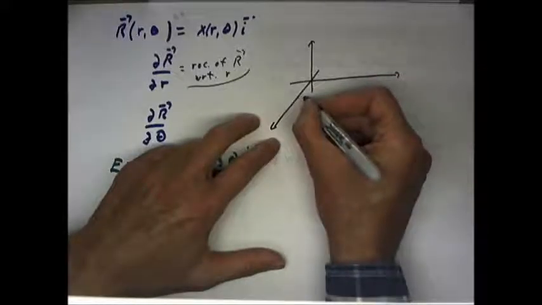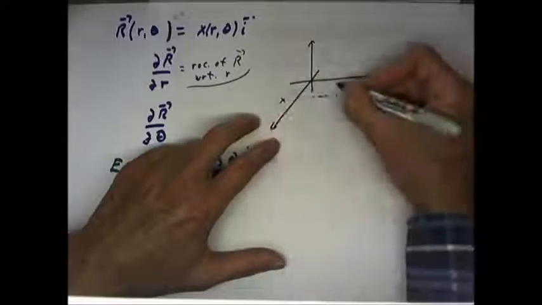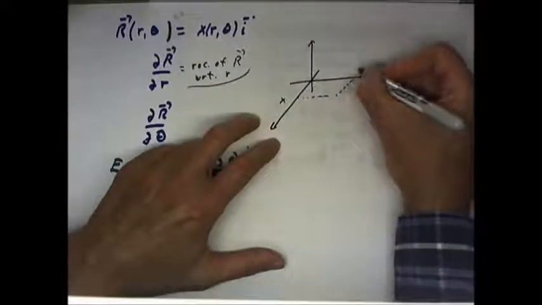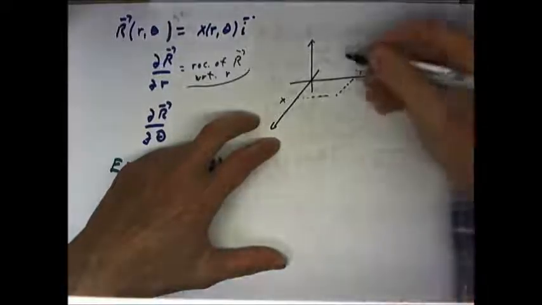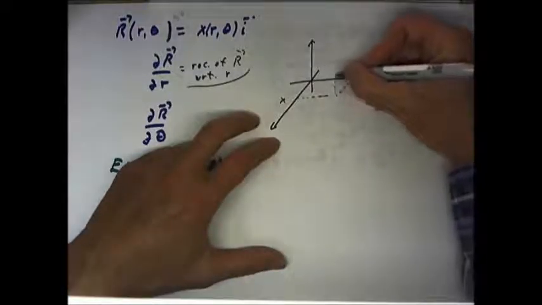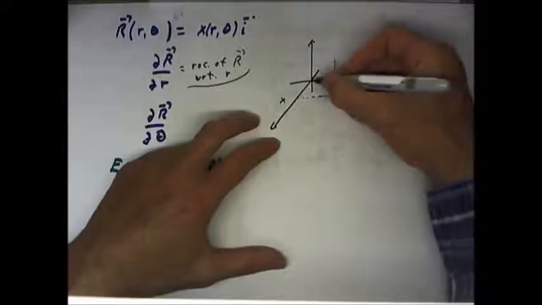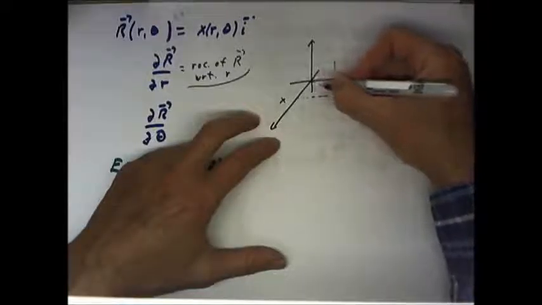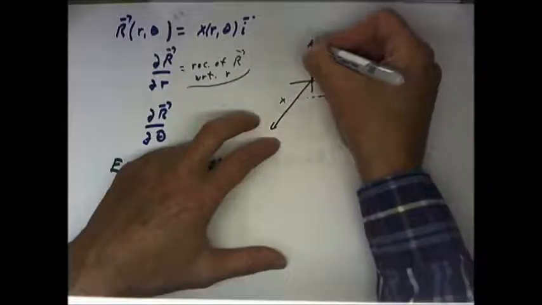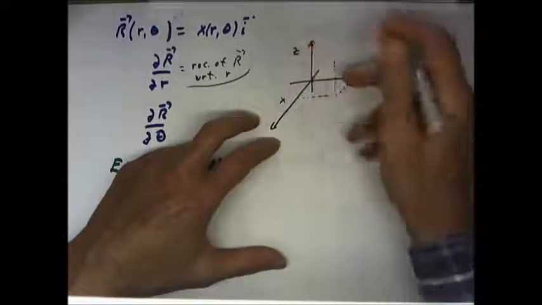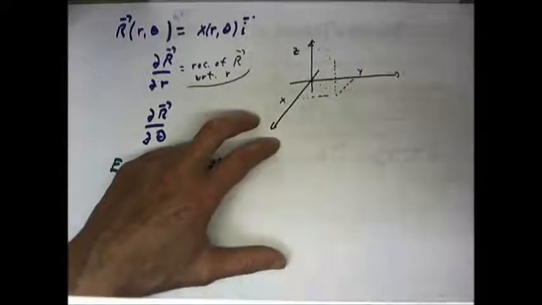And let's just say we have some value of x and some value of y, as well as a value of z. Now we can kind of project that back to the z-axis. We see that z would be this coordinate here.